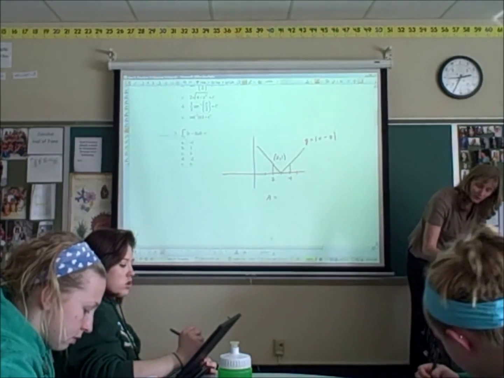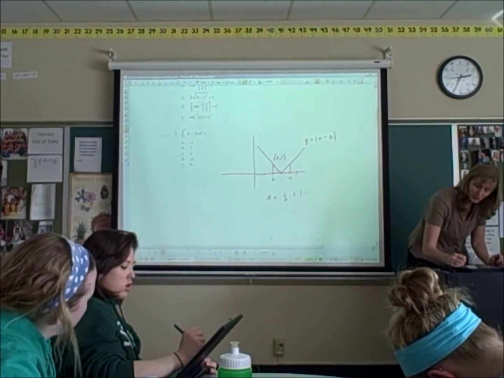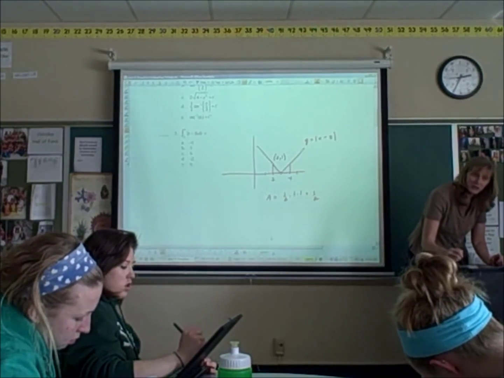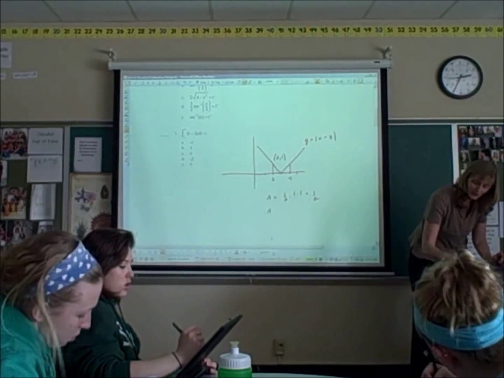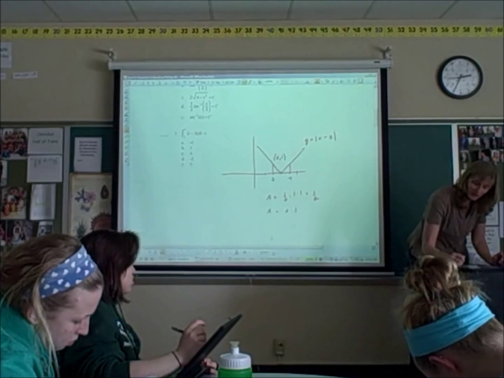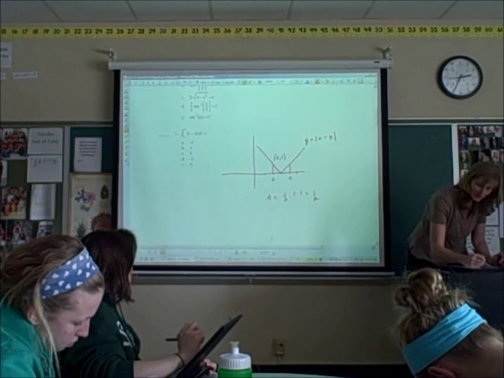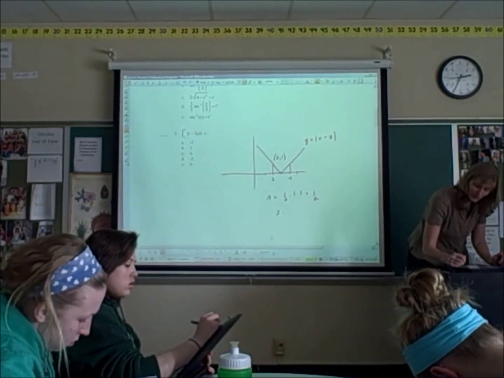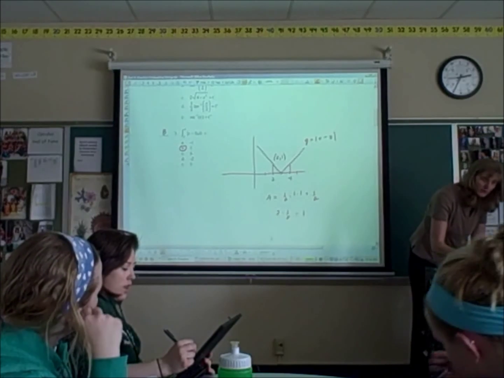So the area of that triangle is 1/2 times 1 times 1, which is a half. But there's 2 of them, so the area is 2 times a half, which is 1. Is that the answer? Yeah.